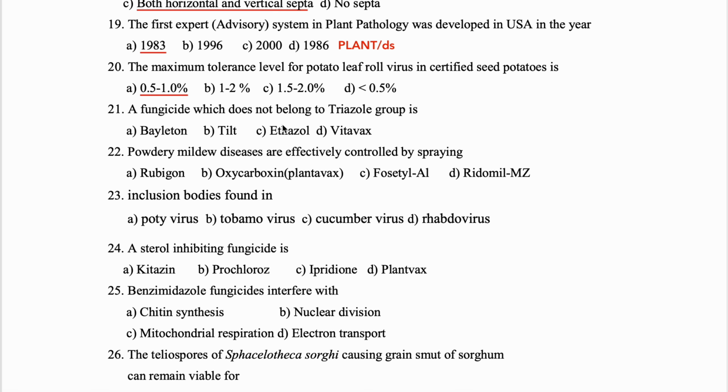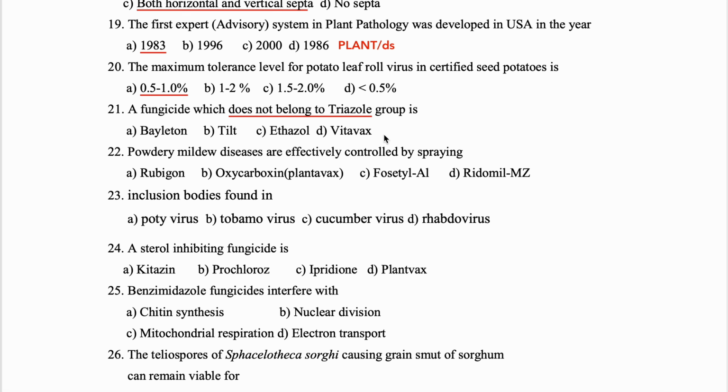So, you know, when we don't know any answer, there we have to find if there is any exception or any elimination method we can do. In this case, the question simply asked a fungicide which does not belong to triazole group. And here we can see an option called Vitavax, right?